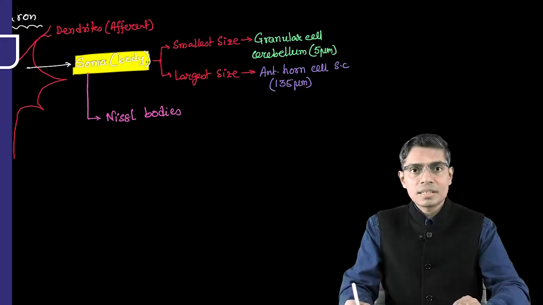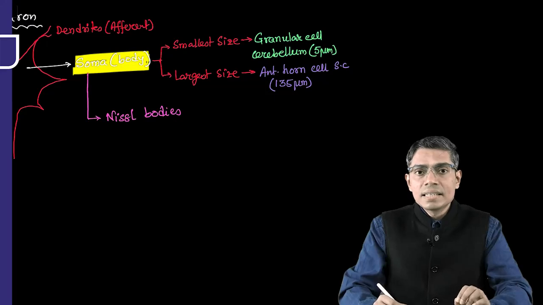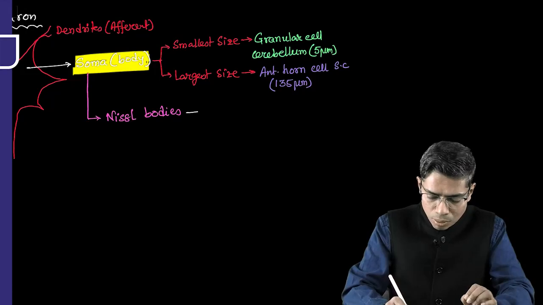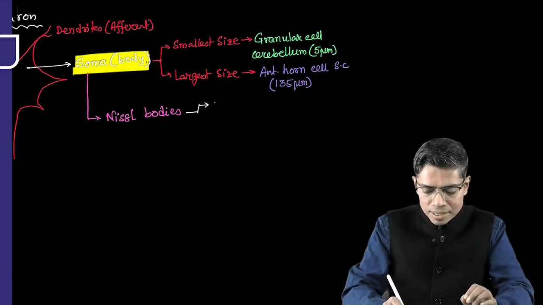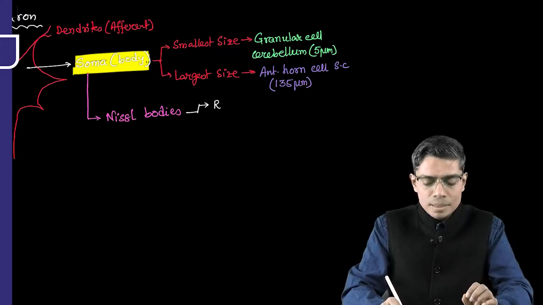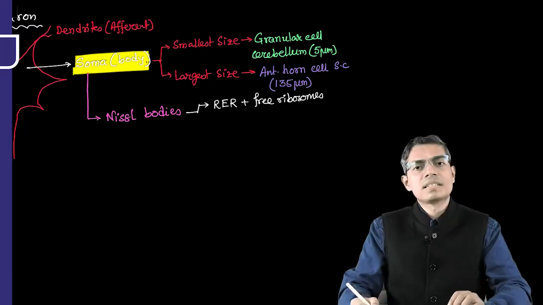We know that this is nothing but aggregated rough endoplasmic reticulum. A normal cell contains rough endoplasmic reticulum, the protein synthesizing machinery. In case of neuron, all the rough endoplasmic reticulum aggregates at a single point, and that is known as Nissl body. So this is rough endoplasmic reticulum and some amount of free ribosomes. Some free ribosomes are also present inside this Nissl body.